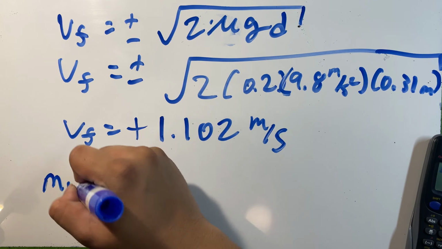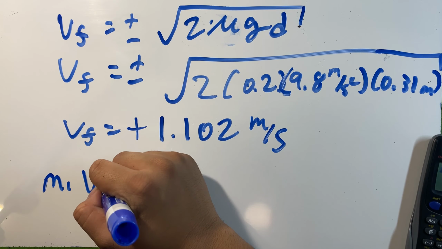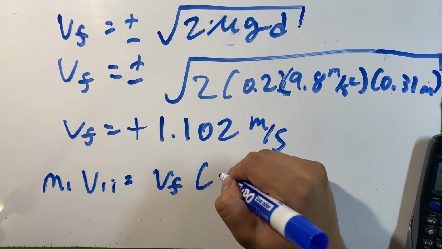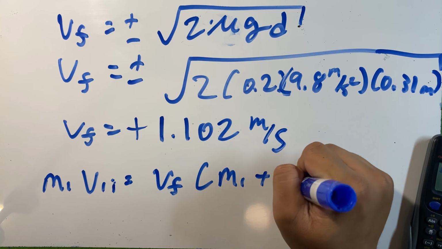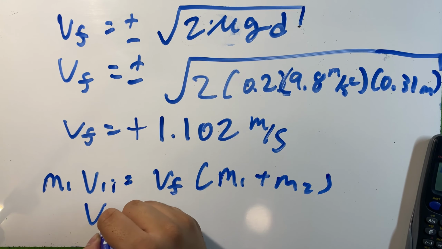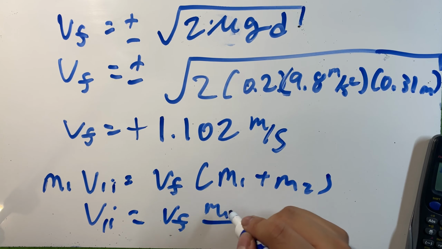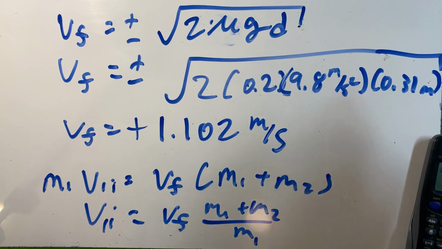So it's going to be m1 v1 initial is equal to vf times (m1 plus m2). So in other words, v1 initial is going to be vf times (m1 plus m2) divided by m1.